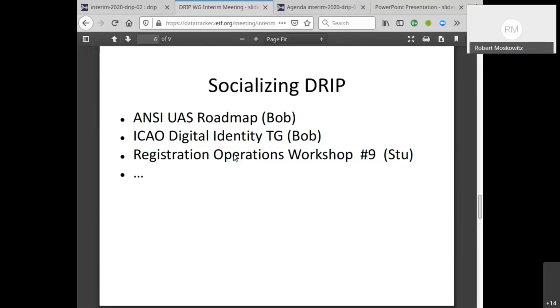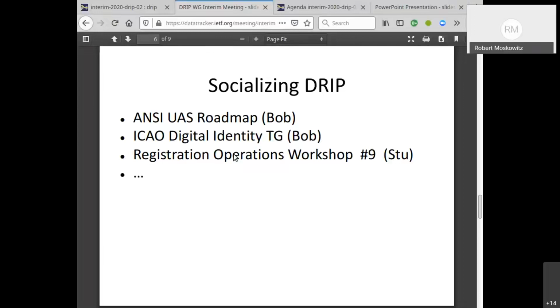The ANSI UAS roadmap version 2 is in final edits. They have to finish it this week. We have one more call tomorrow. I've gotten general text in the SDO section of Chapter 4 on the general IETF definition blurb, our charter, and then a pointer to our document page. And I've gotten into specific gaps where we have items addressing that.